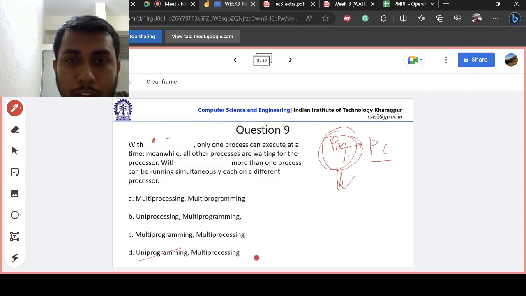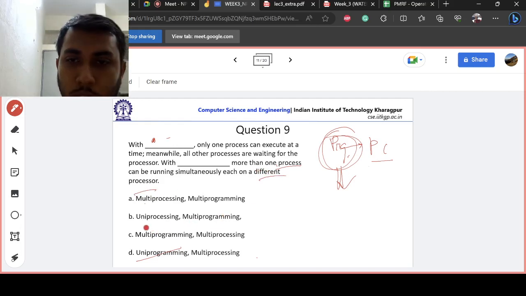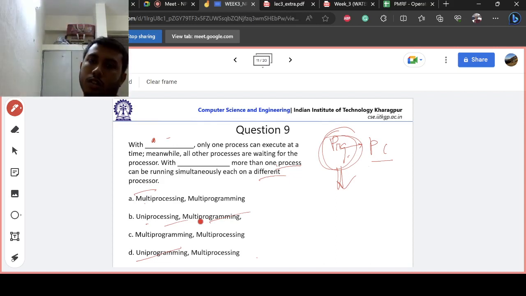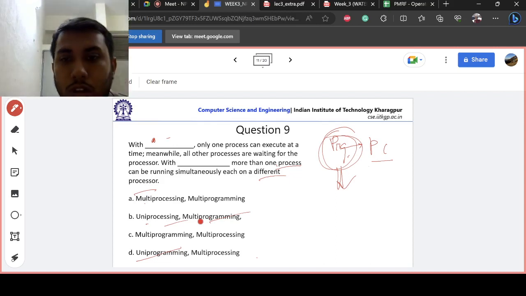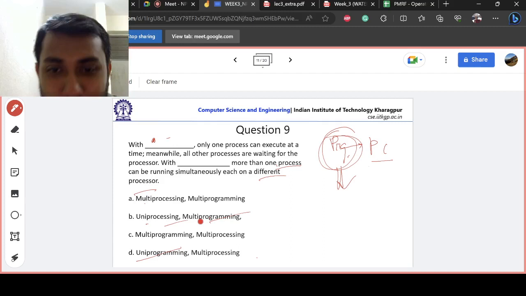But with multiprocessing, more than one process can run simultaneously on the single node. So your question is why it is not uniprocessing and multiprogramming? My question is about the D option: why is the first one uniprogramming, why can't it be uniprocessing? There is no such term as uniprocessing actually. So uniprogramming and multiprocessing, that is the term.